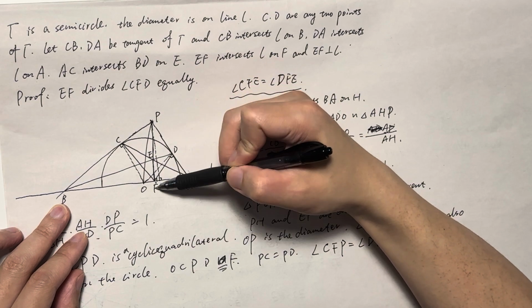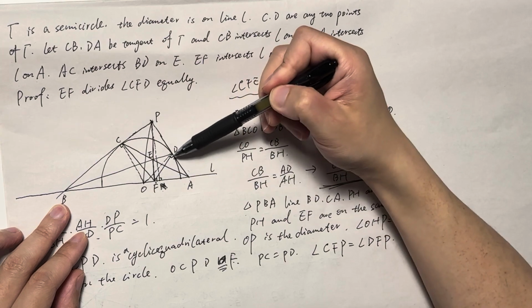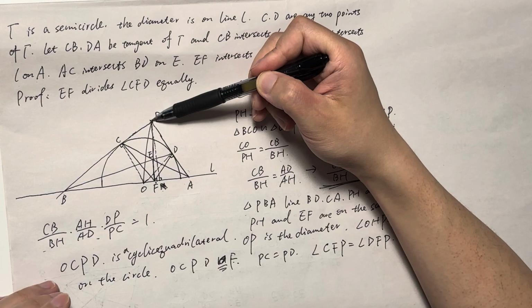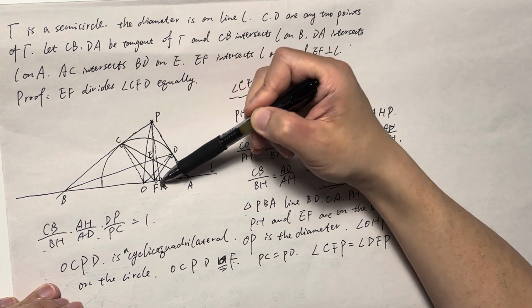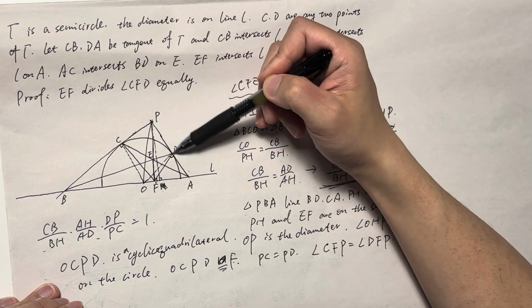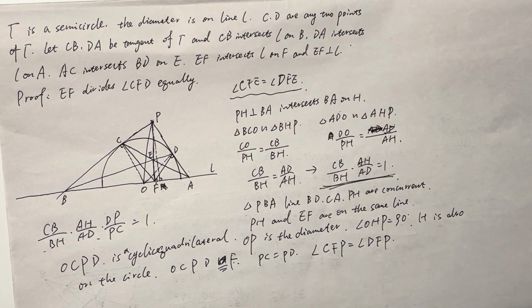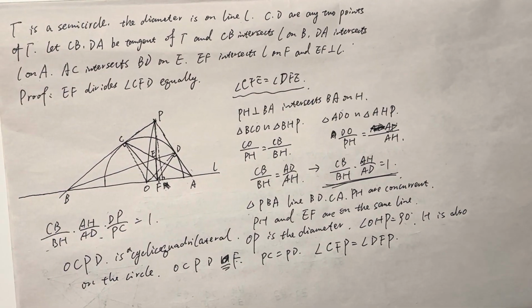Once P, E, F are collinear, because we already know CODP is a cyclic quadrilateral, we can easily prove that F is on the same circle, and because CP equals PD, these two angles are equal. This is not that simple to do, but I would say it's an intermediate difficulty level. So that's the problem.